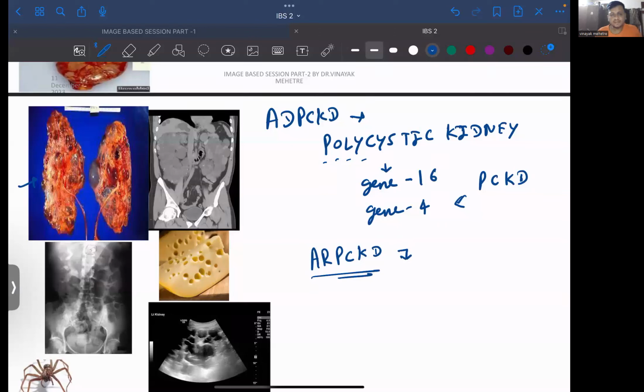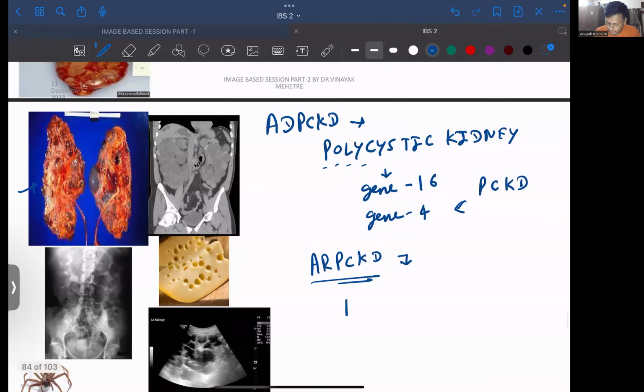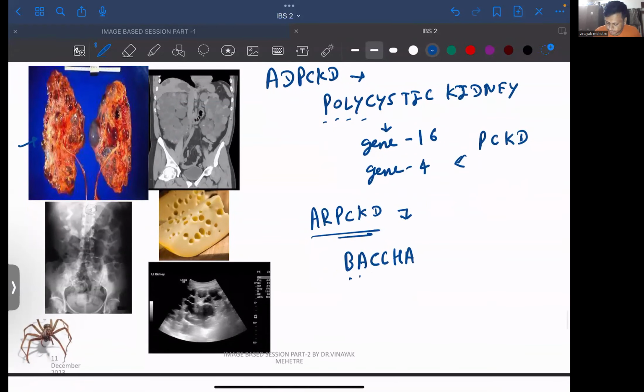These people are going to die in childhood, right? So the children die when they are young. So the gene number is for the child. How many genes are there? 1 2 3 4 5 6. Gene number 6. Okay, it can come in the exam.